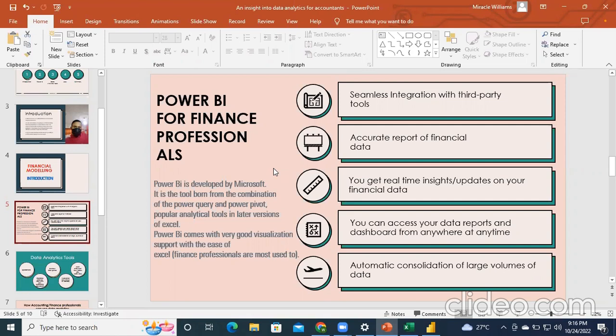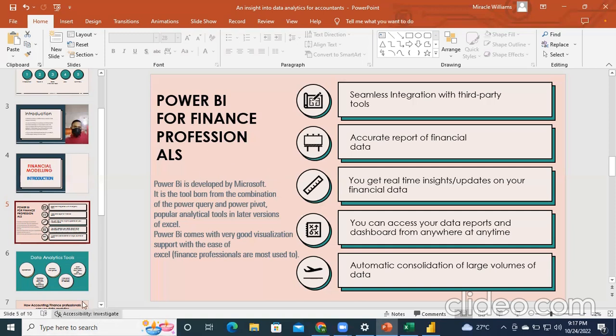It ensures that your financial data is accurate. Okay, it also gives you real-time insights on your financial data. And with the Power BI, you can access your data reports and dashboards from anywhere and at any time. You can also build dashboards like sales dashboards and different kinds of finance dashboards. You'll be able to do that. And you will also be able to consolidate large volumes of data, which is very important.